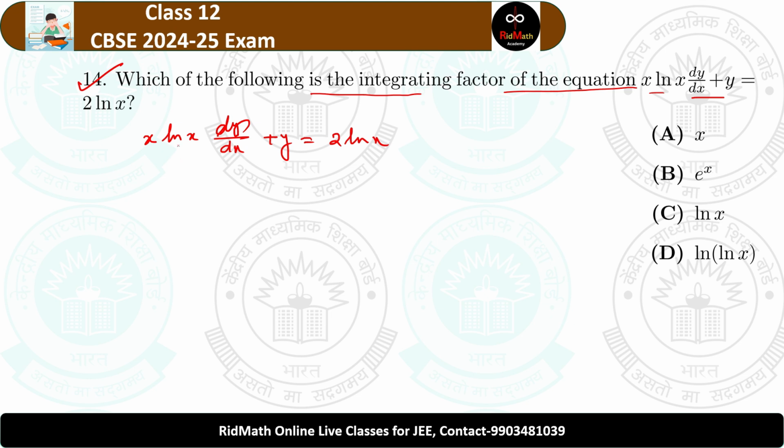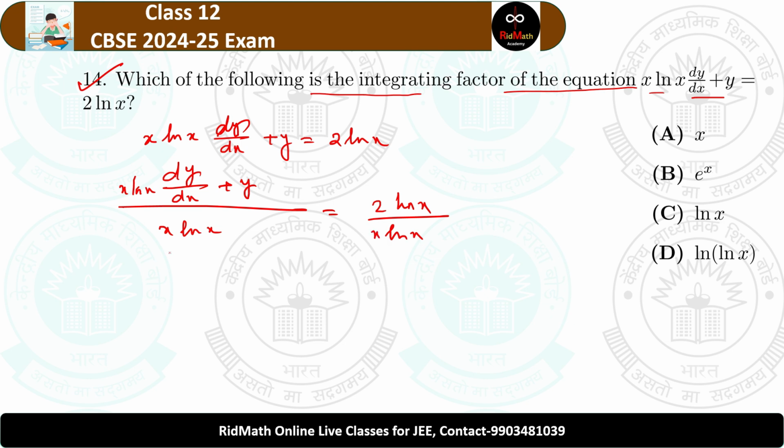So dividing by x ln x, this is dy/dx plus y divided by x ln x equal to 2 ln x divided by x ln x. So this is dy/dx plus y by (x ln x) equal to 2 by x.